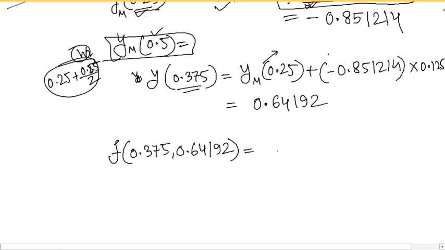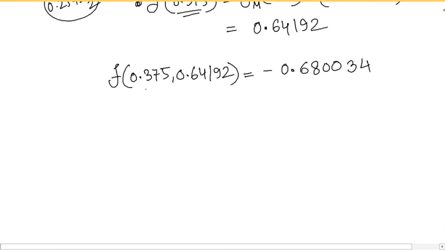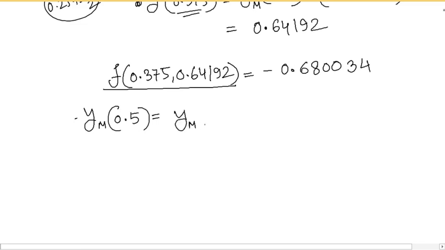If we put the values, we will get the slope as 0.68034, and this is the slope at the midpoint, which we will apply over the initial point to get the value at 0.5. So we'll be using 0.25 plus, instead of using the slope at 0.25, the slope at this point.